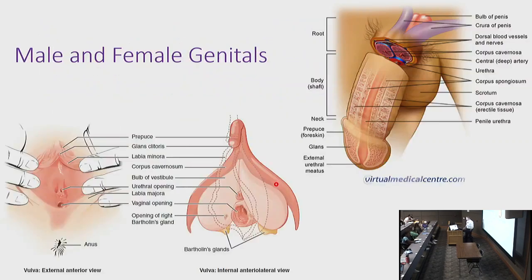Okay. All right. So talking about some of the external structures of the male and female genitalia, you can see these on the cadavers. Right here, we've pulled the labia majora and minora apart. Some of the structures that we want to know going in here: the labia minora, as it comes anteriorly, is going to have a superior and inferior fold.